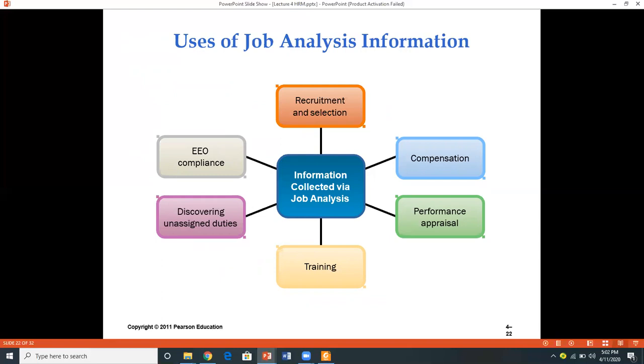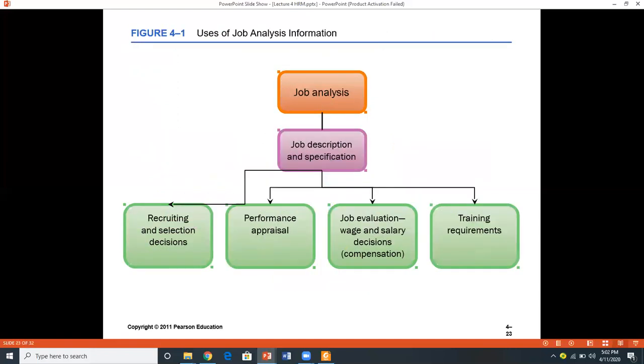Uses of job analysis information. Information collected via job analysis is used for recruitment and selection, compensation, performance appraisal, training, discovering unassigned duties, employee equal opportunities, and compliance.